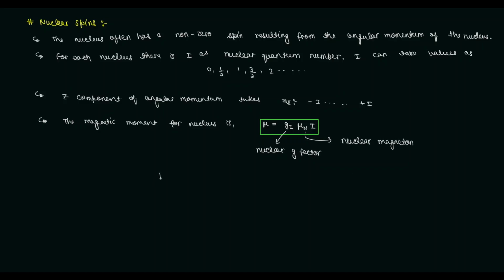and its value is e h-bar divided by 2 times the mass of proton, which will be equal to 5.05 into 10 raised to power minus 27 ampere meter square, which is typically 1,000 times smaller than the Bohr magneton.